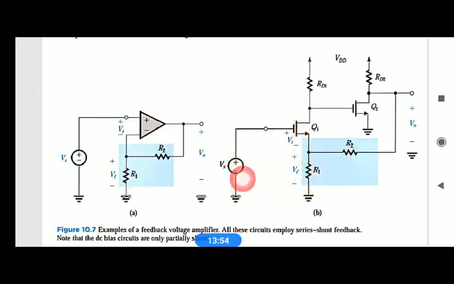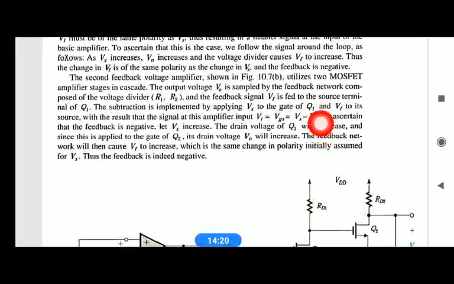In this input network, if you apply the KVL, you will get Vs minus Vi minus Vf equal to 0, which gives you Vi, the gate to source voltage applied to the transistor Q1, equal to Vs minus Vf.